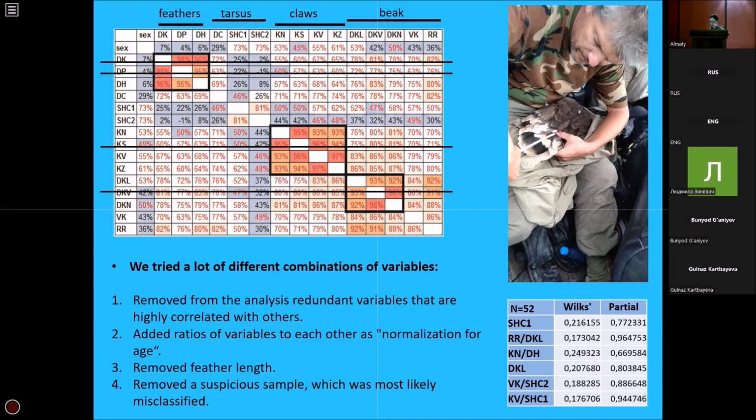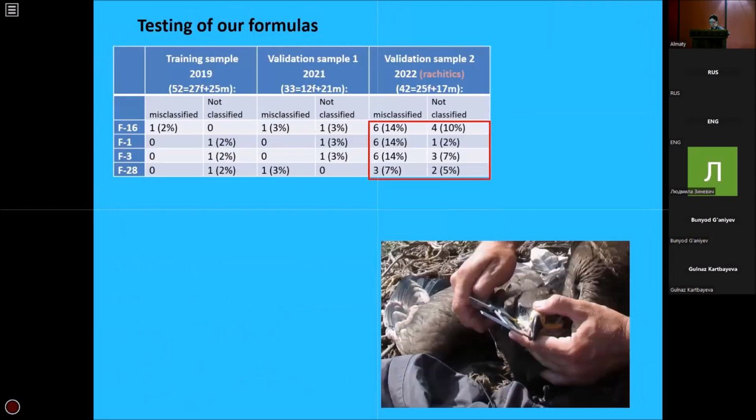And after all these things, we got more than 20 different formulas, but even if they work well on the training sample, it doesn't mean that they will work well with another new nestling. So we tested our formulas using 2 independent testing samples.